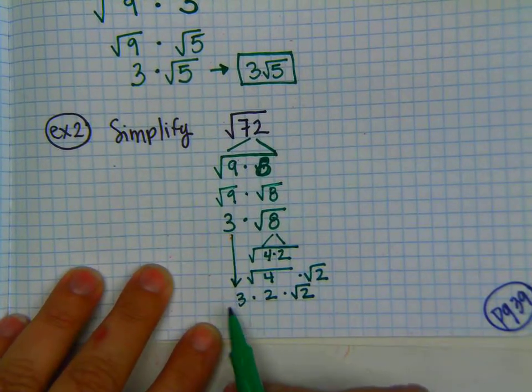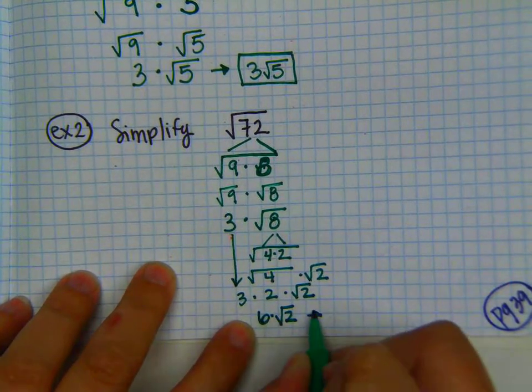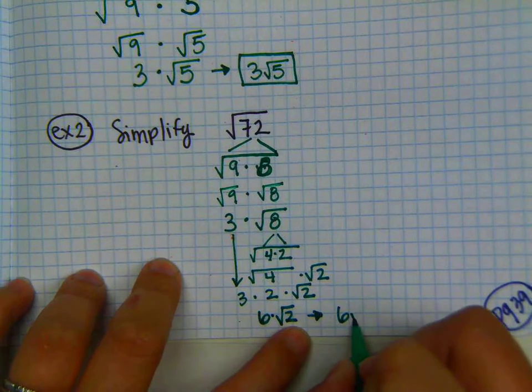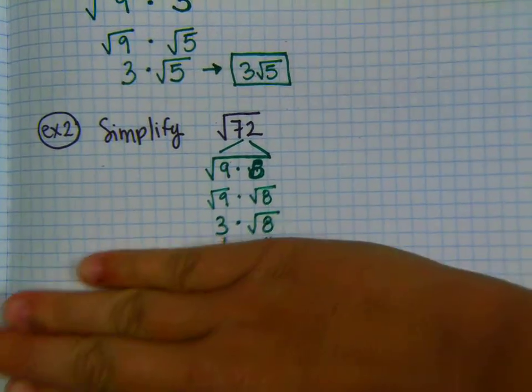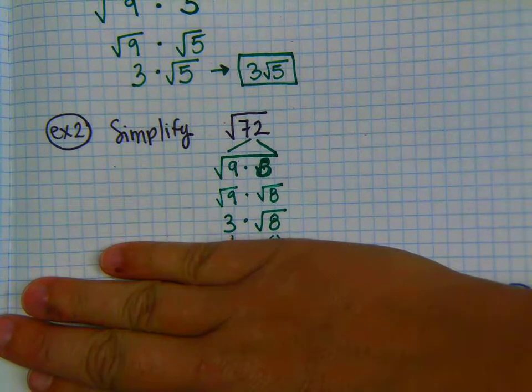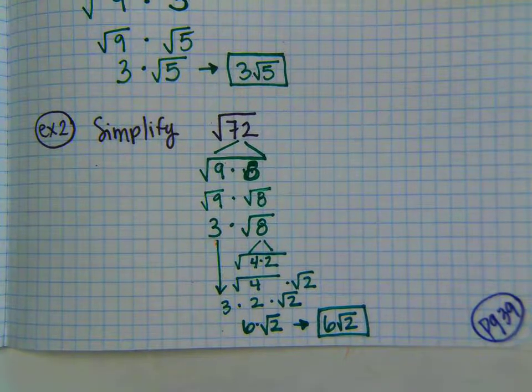And now I have 3 times 2, which is 6, times root 2, and written a little bit prettier is 6 root 2. Okay, so if you got to this step, that's pretty good, but you just need to look again and be like, okay, is there anything else I can do with this? And then you can see that you can pull out another number.